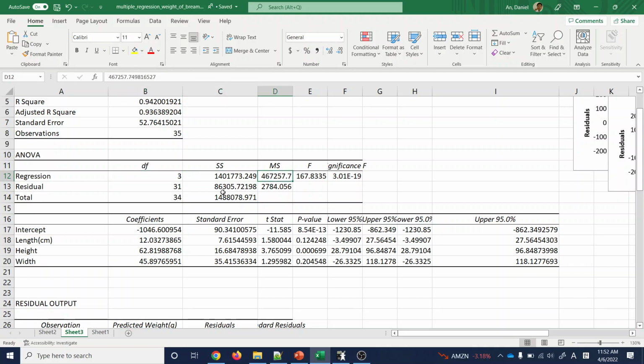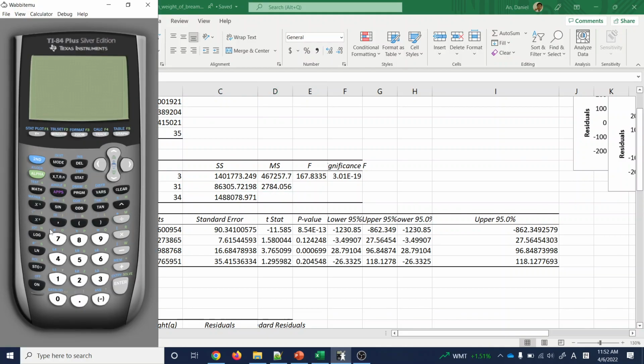So for example, let me show you how this 27884 is obtained. Let's take a calculator. You take the sum of squares of the residual, 86305, and you divide it by the degrees of freedom, which is 31.